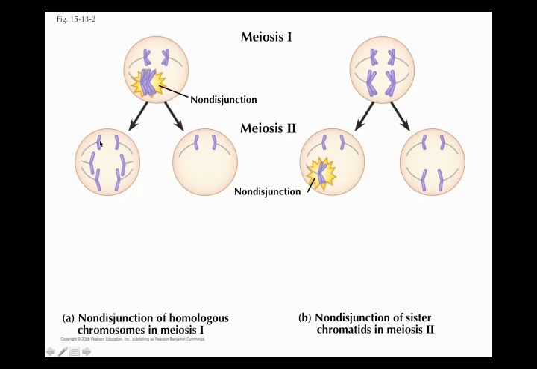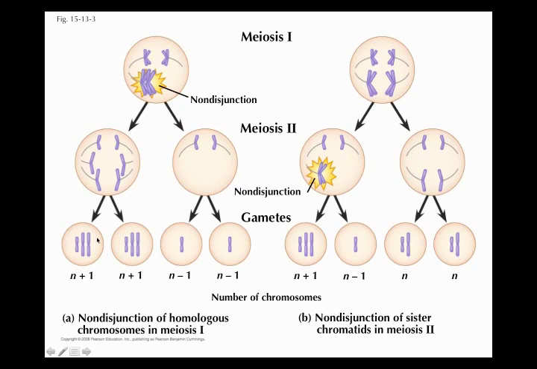In meiosis 1, that means you end up with 3 chromosomes here and only 1 chromosome there. And then in the end, your eggs, or your sperm, gametes, have 1 extra, right? So it now has 2 of the big chromosome and 1 little. And sometimes they're missing. This one's missing the big chromosome completely. So these are all problematic from this nondisjunction in meiosis 1.